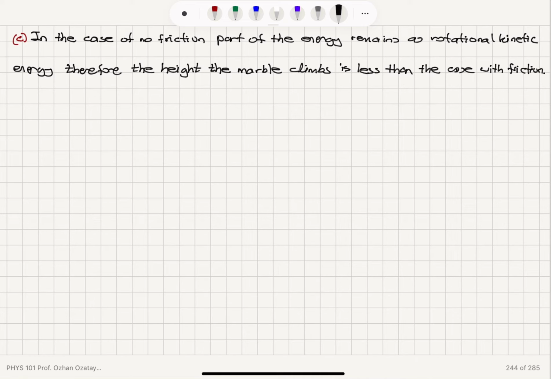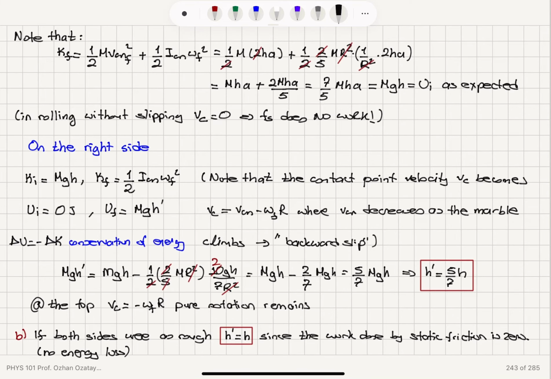There's an energy difference between the two scenarios, so H prime will be less without friction, because I will have remaining energy as rotational kinetic energy due to the slipping of the marble. So that's going to be the final contact speed minus omega final times r.